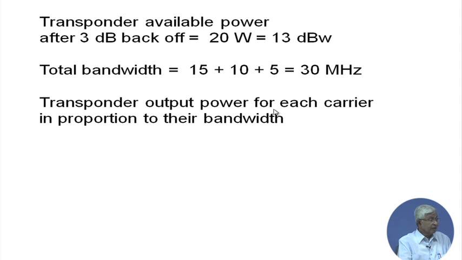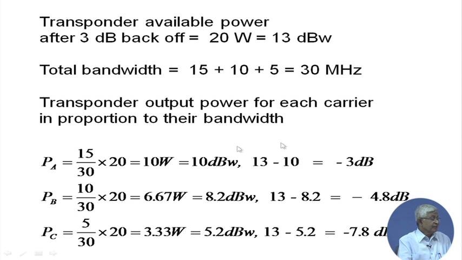Transponder output power you can apportion in terms of bandwidth. Station A requires 15 megahertz out of 30 megahertz, and a total of 20 watt power is available. So, the power should be allotted 15 by 30, which is half. So, power should be allotted only 10 watt, which is 10 dBW.